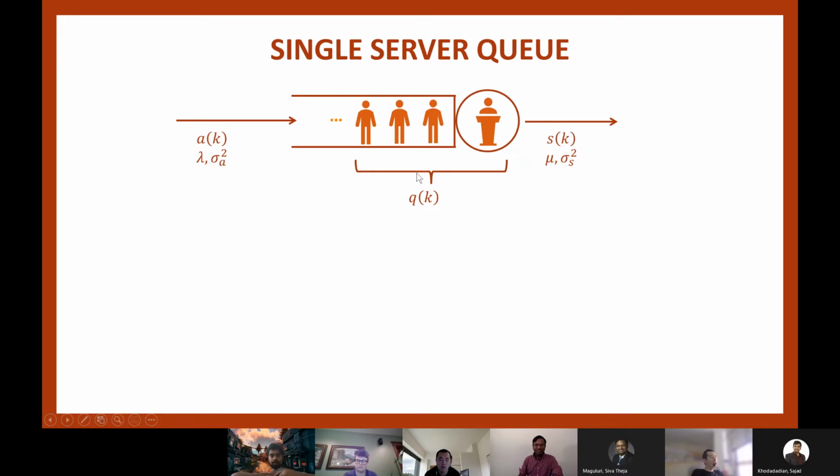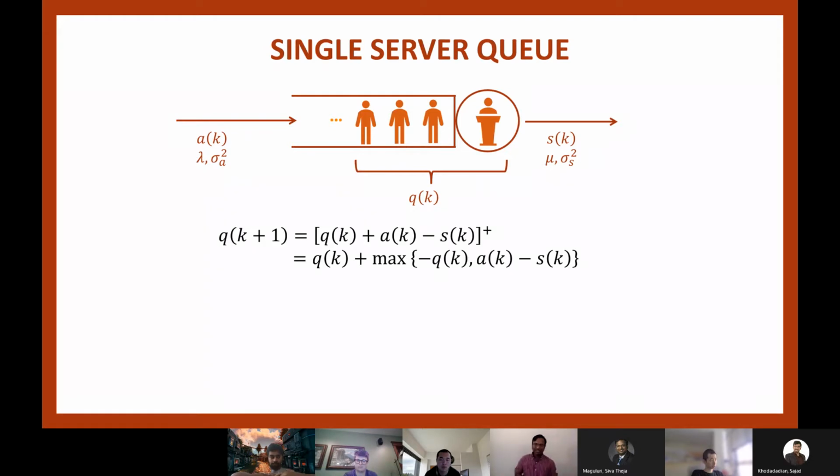And the total number of customers in the queue is Q(k), the queue length. The queue length simply evolves as follows. If I have a queue length of Q(k) at the current time, and I want to find the queue length at the next time, all I have to do is add the new arrivals and subtract the service. But remember, this is only potential service.